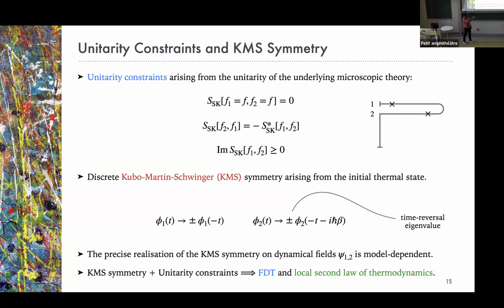It's a Z2 symmetry, and it turns out the symmetry should act on the background fields that I introduced in my path integral like that. How it is realized on the dynamical fields will depend on the model under consideration. It's a very normal thing, right? You would know how a symmetry should act on the operators, but the dynamical fields are for you to choose. And depending on how you choose your dynamical fields, the symmetries might act slightly differently on them.